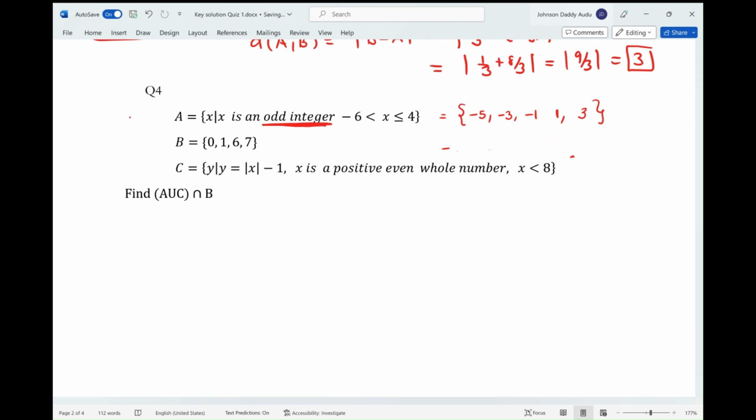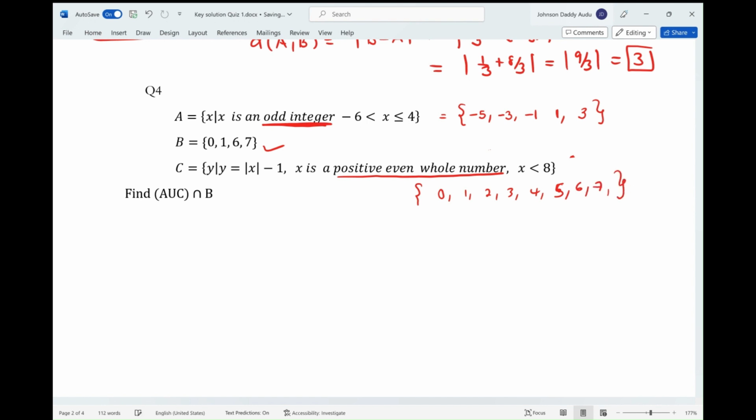Set B is already given specifically, so we don't have to worry about set B. Set C is very important. X is a positive integer, not just an integer. It's a positive even whole number, but it has to be less than 8. So what are the whole numbers less than 8? You might want to start from 0, 1, 2, 3, 4, 5, 6, and 7.